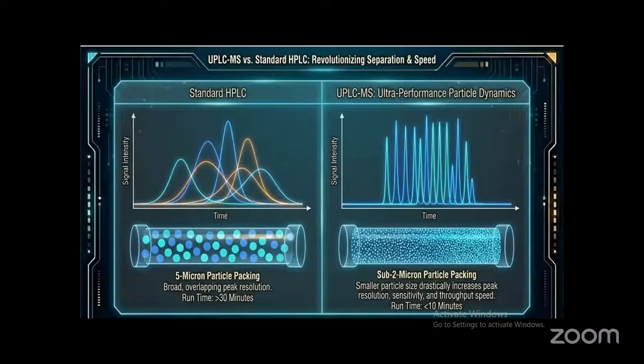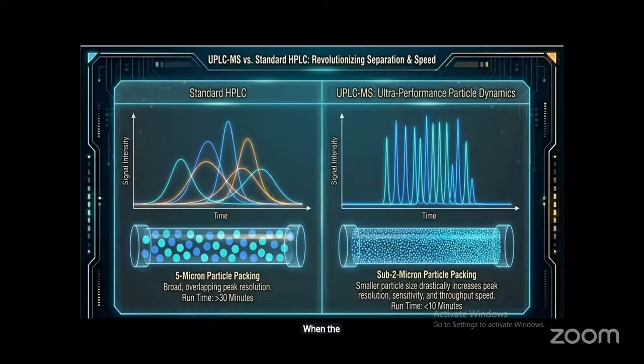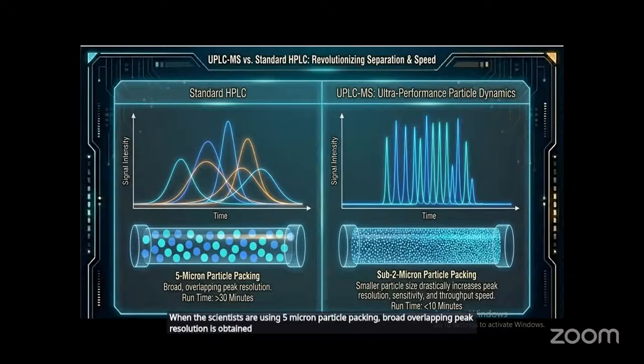So you can see here the advantage of using the HPLC system, especially UPLC-MS also. The peaks are very nicely separated, but you need to select a very nice column. When scientists use 5 micron particle packing, broad overlapping peak resolution is obtained, and the runtime takes more than 30 minutes.